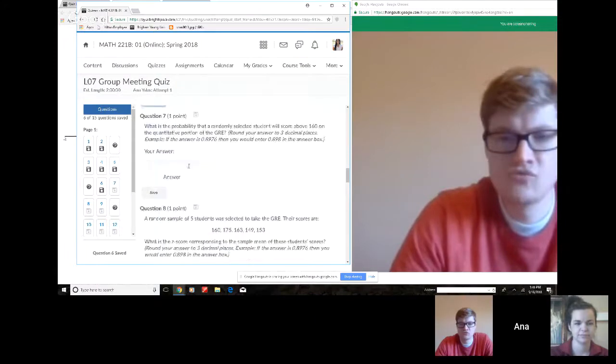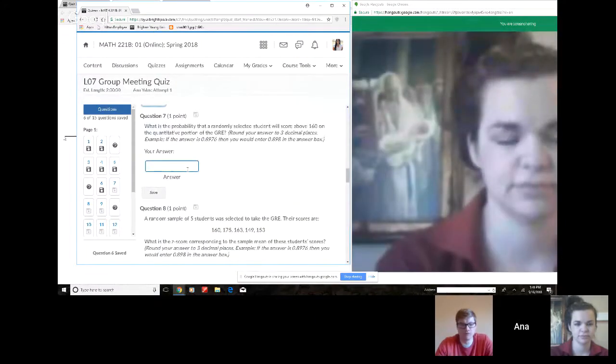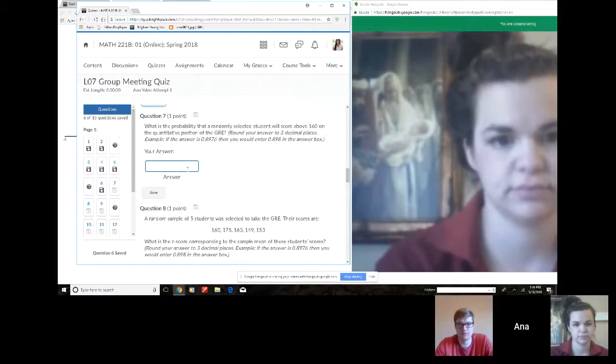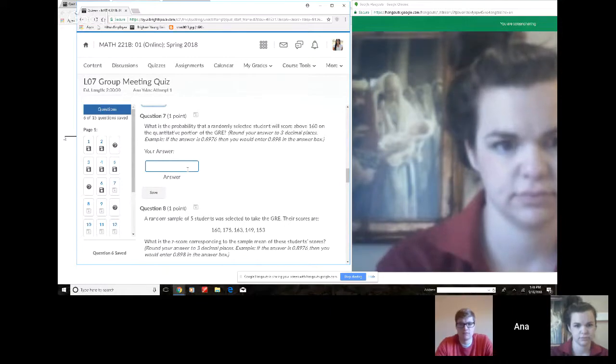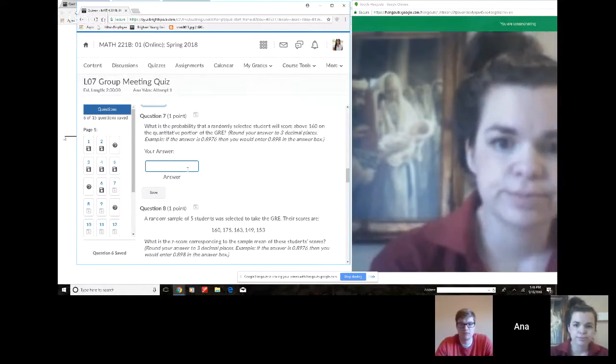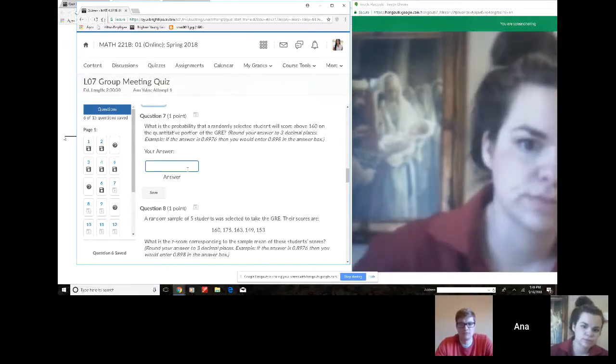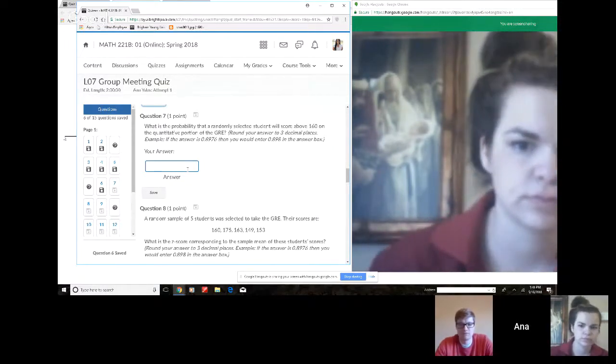Question 7. What is the probability that a randomly selected student will score above 160? So when it says randomly, then I already know the score, instead of the standard deviation it'll be the standard deviation divided by the square root of whatever number they give me.